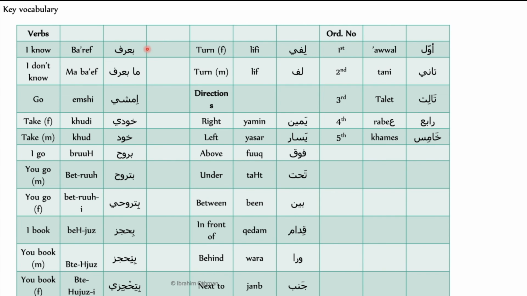So we've got بعرف, ما بعرف, امشي, خدي, خود, بروح, بتروح, بتروحي, بحجز, بتحجز, بتحجزي, لفي, لف, يمين, يسار, فوق, تحت, بين, قدام, ورا, جنب. أول, تاني, تالت, رابع, خامس.